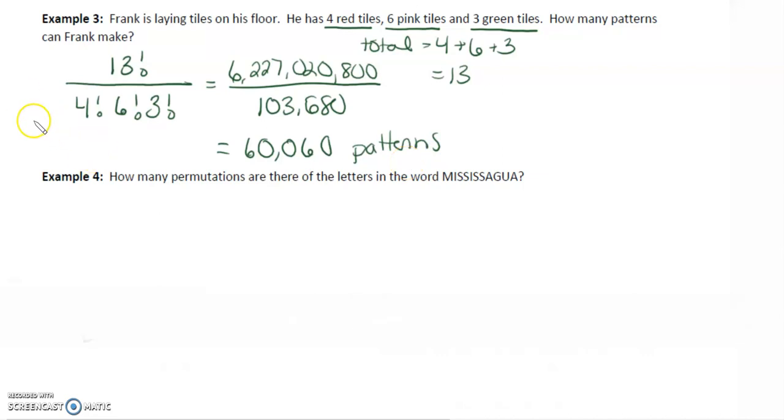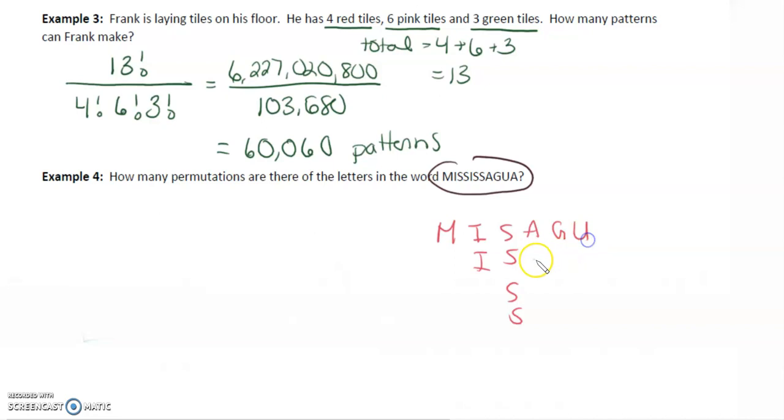Example 4. How many permutations are there of the letters in the word Mississauga? When I get a question like this, I take the word Mississauga and I spell it out, but I actually stack the letters. And why I do that is because I can clearly see that there are 2 I's, there are 4 S's, and there are 2 A's.